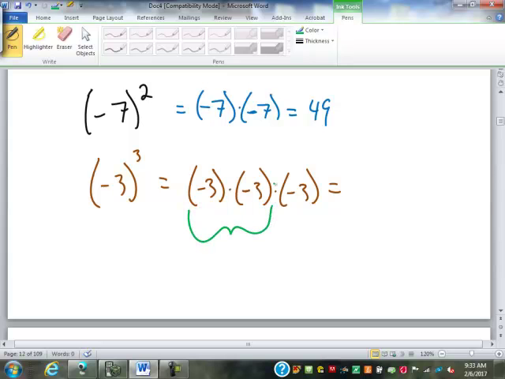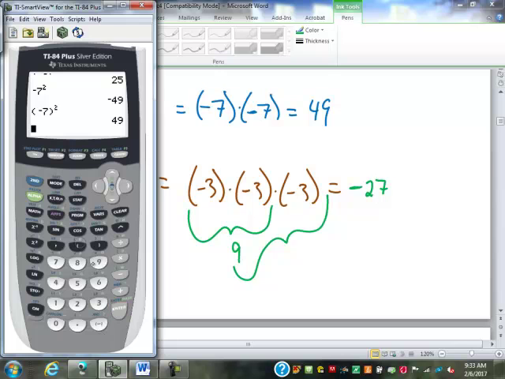So as we go through and we do the first two, negative times a negative has to be a positive. 3 times 3 is 9. Then that's multiplied by another negative, and a positive times a negative has to be negative. That'll be -27. And if we enter it in parentheses in our calculator, it will correctly give us the -27.